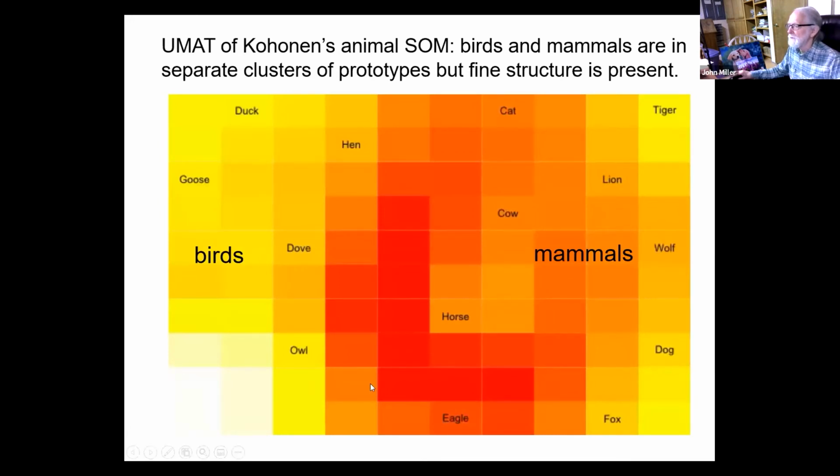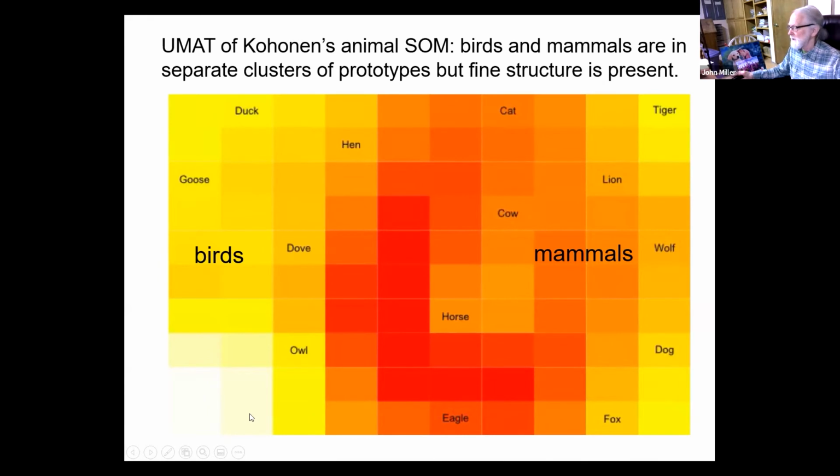And here we've done it for Kohonen's famous example. Again, down here in the lower left-hand corner, we have output nodes for owl and hawk that are so similar that they're almost as similar as you can get, essentially white in the heat map.